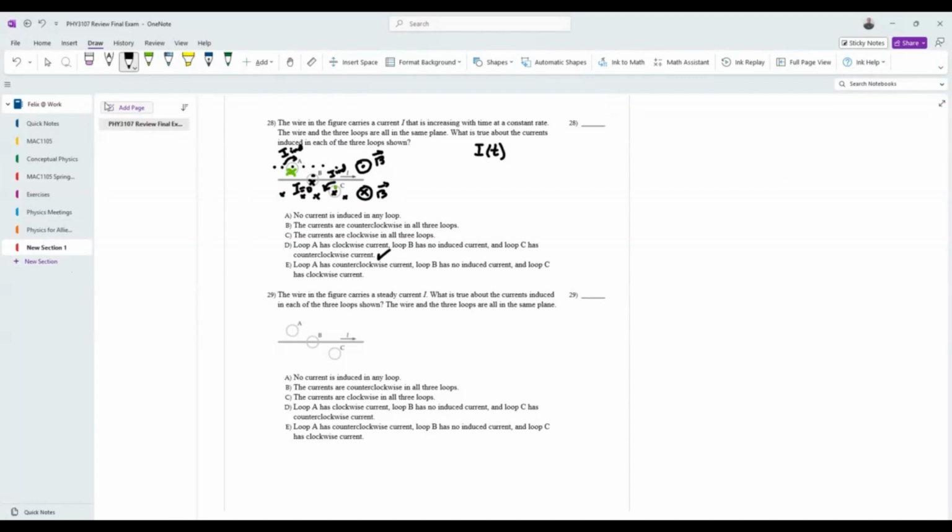Now, words matter. Here they said that we had a current I that is increasing with time. Here they say that there is a steady current I. So in this case, we have no change in the magnetic flux, so no current is induced in any loop, right?